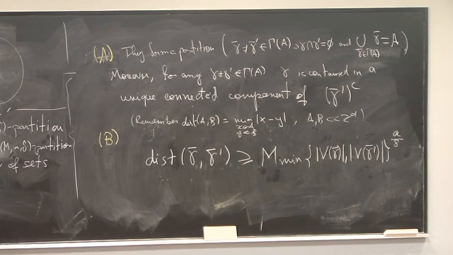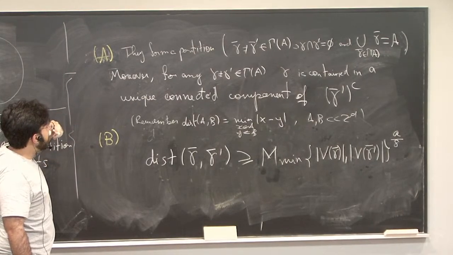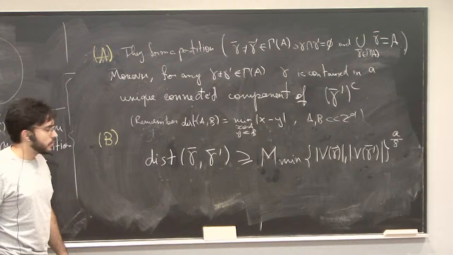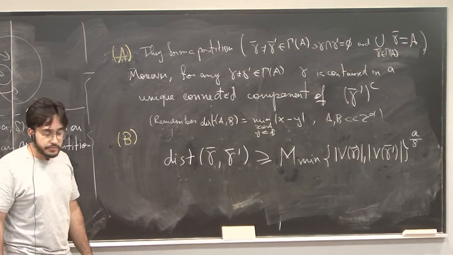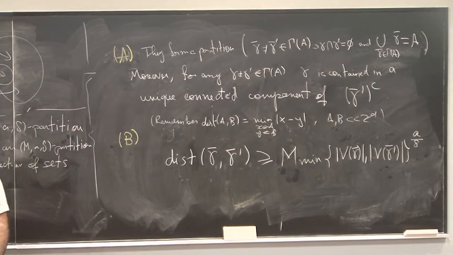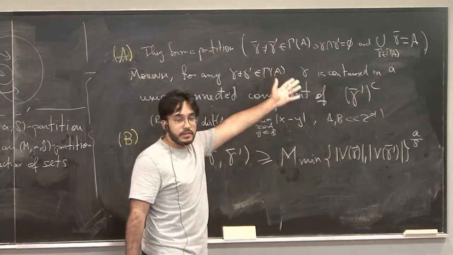B implies A when you have the finest partition. You need the finest. Of course, you cannot guarantee that this partition is unique.